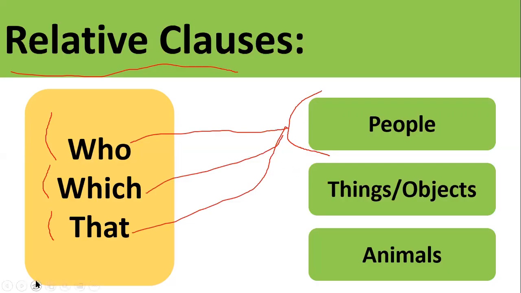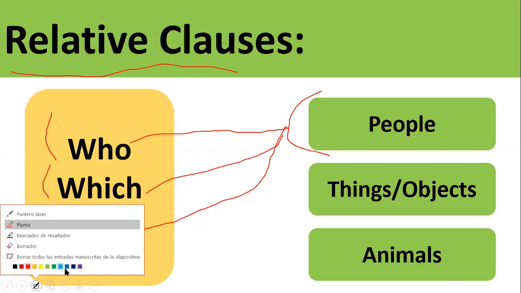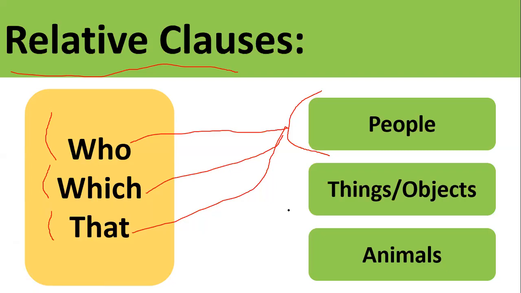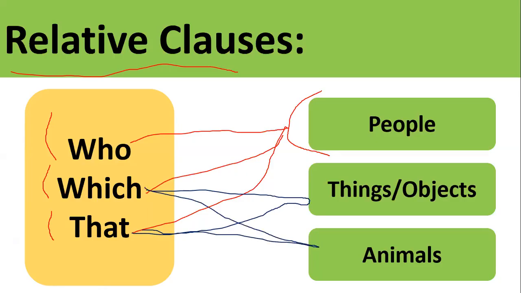Whereas, for example, with things, which ones can I use? Which and that. Exactly. So with things, objects, I can use which and that. And for animals, which and that, exactly the same thing.